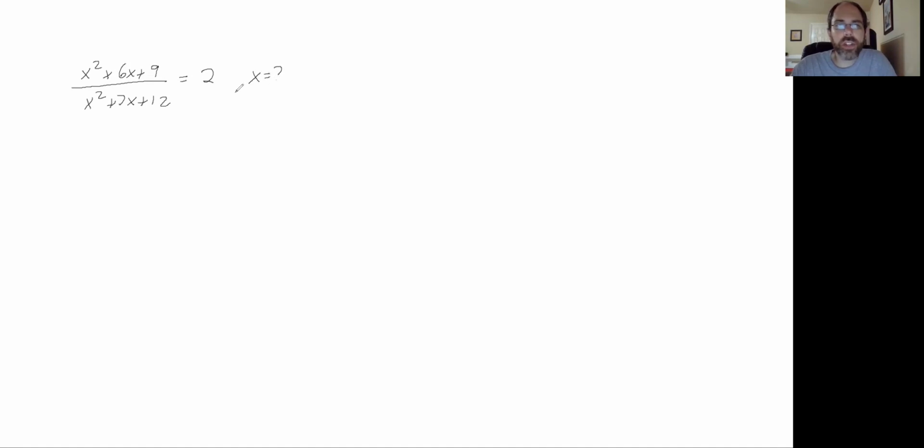So here is my classic algebra approach. I have given you an equation here. This is a full mathematical sentence which tells me that this unknown quantity squared plus 6 times that same quantity plus 9, all divided by the quantity squared plus 7 times the quantity plus 12, would be the same thing as 2. That's how I state it in English.